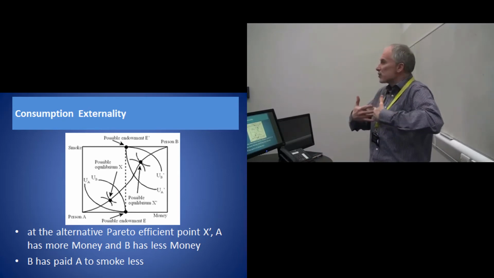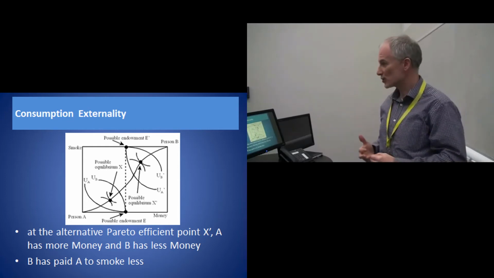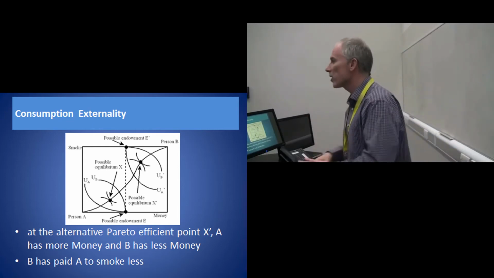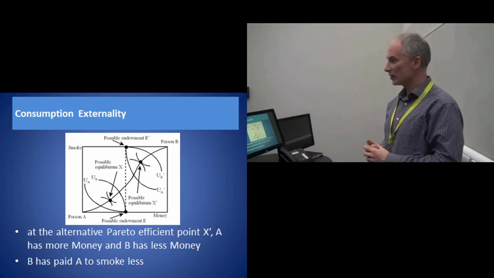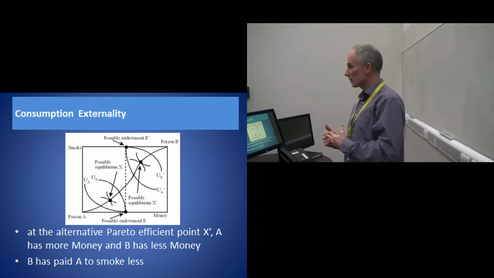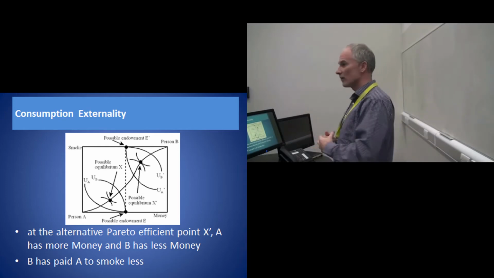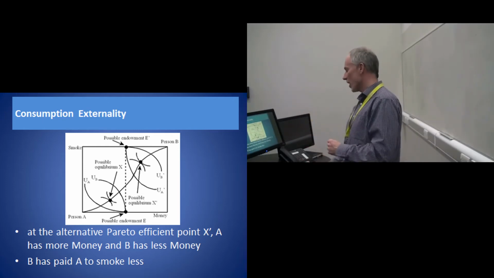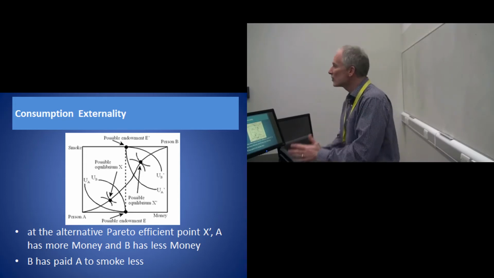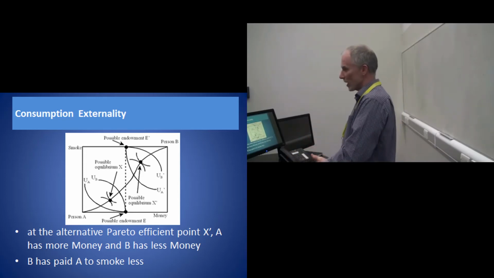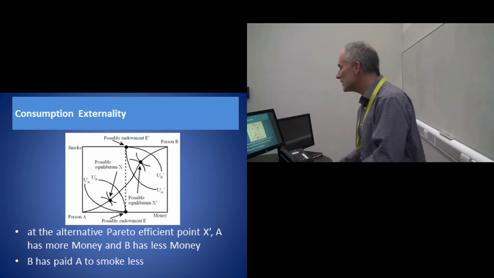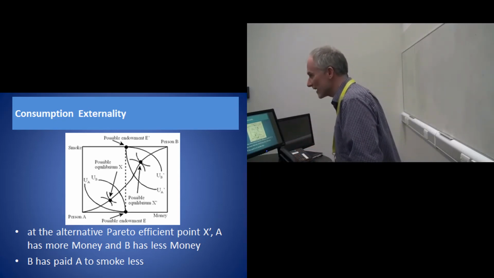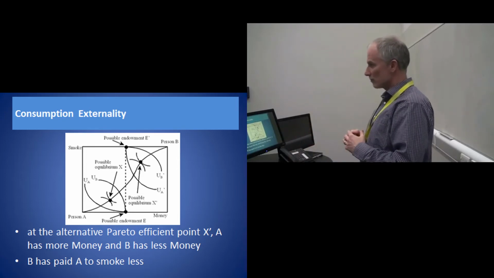Now that the property rights were assigned to person A, he's got the right to smoke. His roommate, person B, has paid him a little bit of money not to smoke. And they've bargained amongst themselves until, again, we arrive at a Pareto efficient outcome. And again, what does that mean? It means that the level of the externality is not zero.